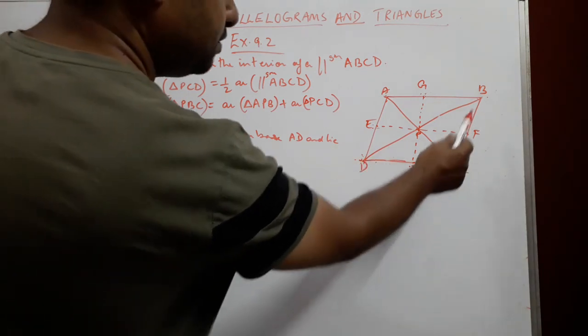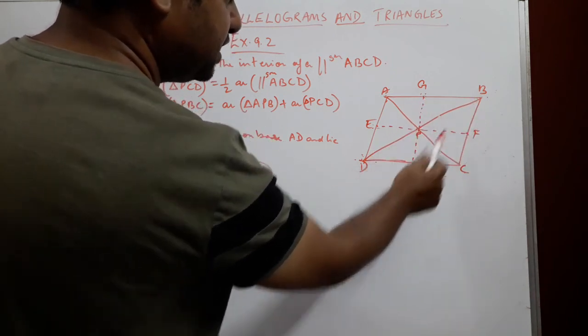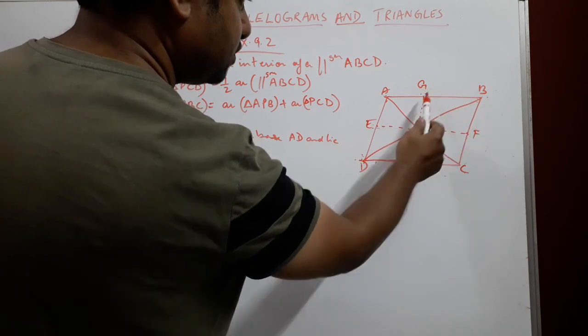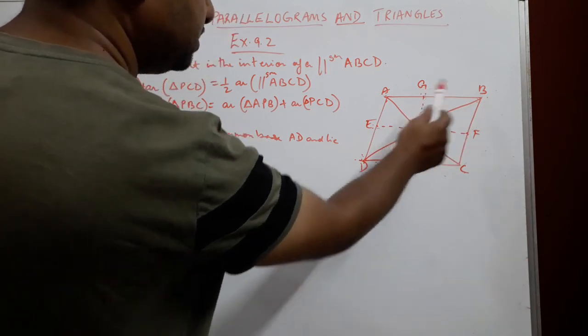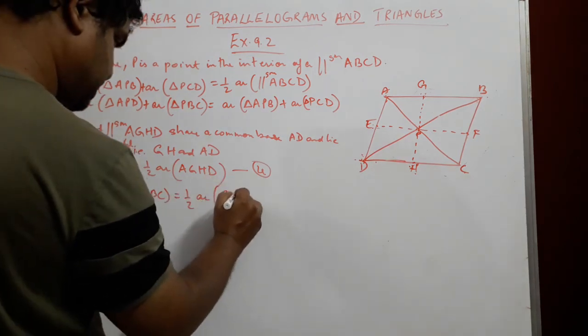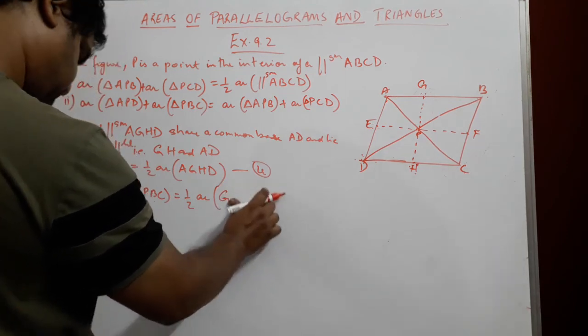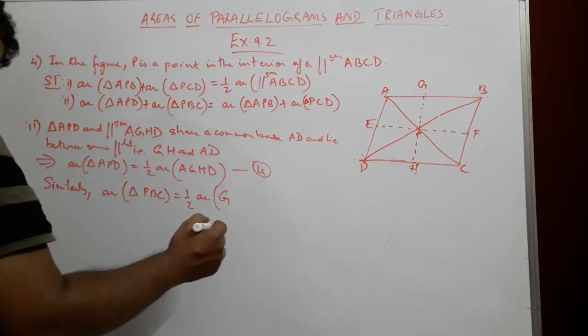Where is PBC? PBC is here, and PBC lies between parallel lines GH and BC in this parallelogram, GBCH, since we have taken it that way.